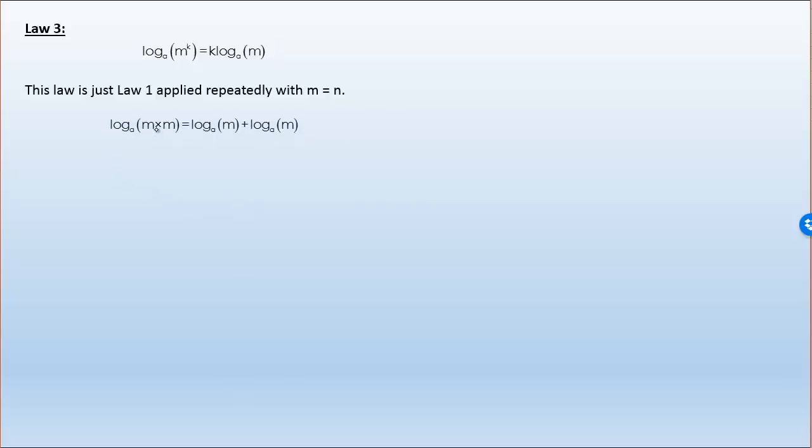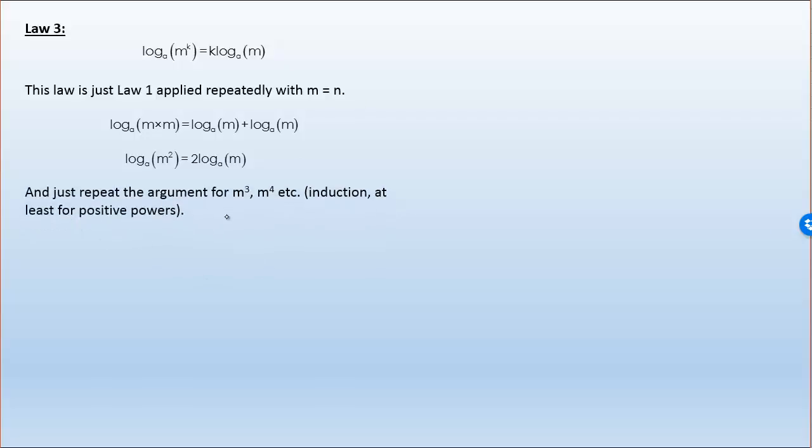Log to the base a of m times m would be log to the base a of m plus log to the base a of m, which gives us log to the base a of m squared is 2 log to the base a of m. Just repeat the argument for m cubed, m to the 4, etc. It's induction for those of you who remember proof by induction, so those doing specialist. At least that's the case for positive powers.